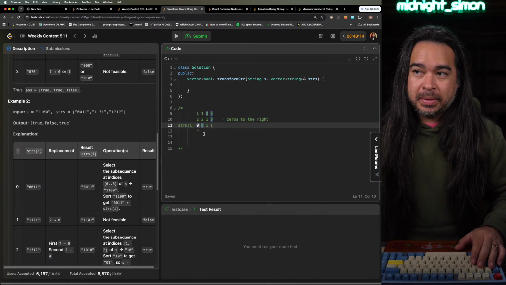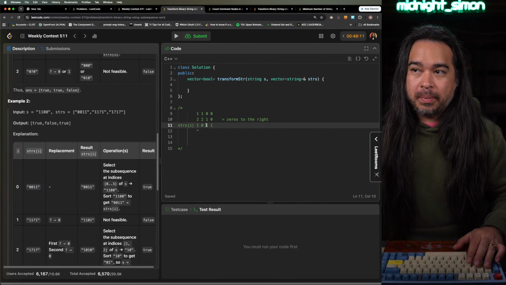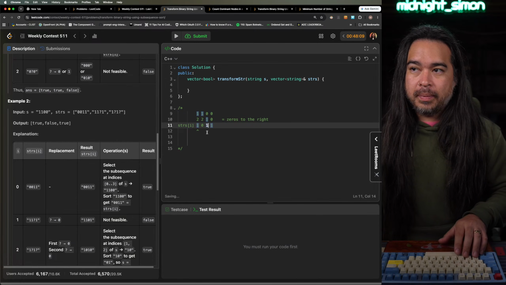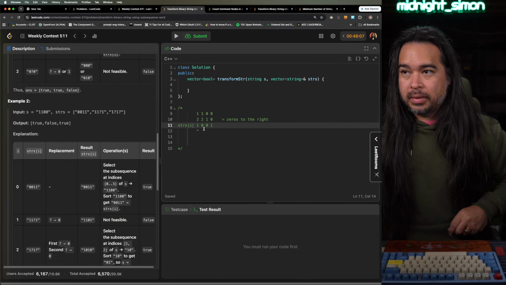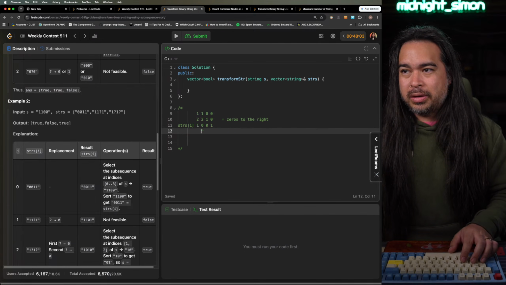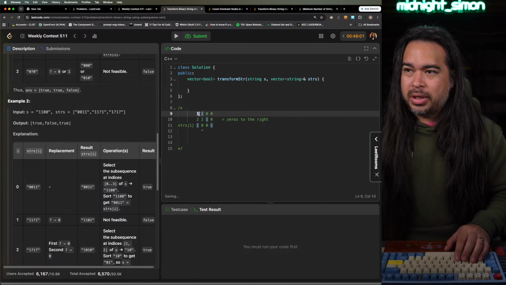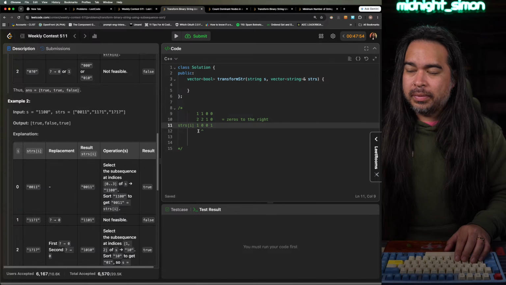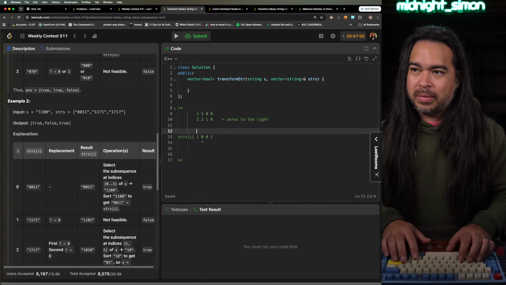So I'm gonna swap them. And then now we go to this one. It should be a 1, but it's a 0. And then we can see we have 2 zeros to the right.